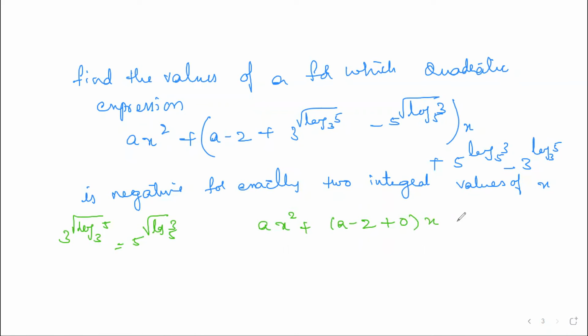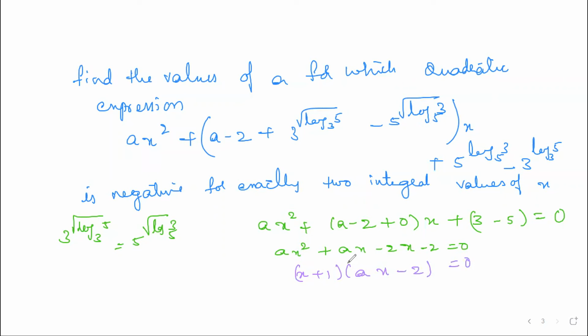We also know that the last two terms of the expression give 3 minus 5, which is equal to 0. Simplifying, you get a x square plus a x minus 2x minus 2 is equal to 0, which can be further factorized as (x plus 1) into (a x minus 2).